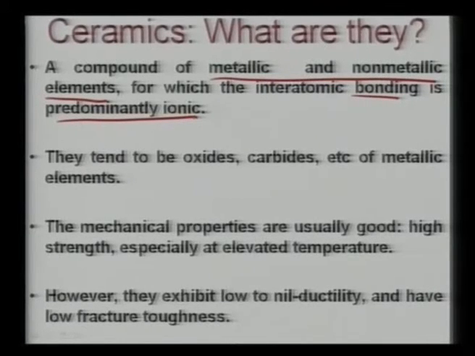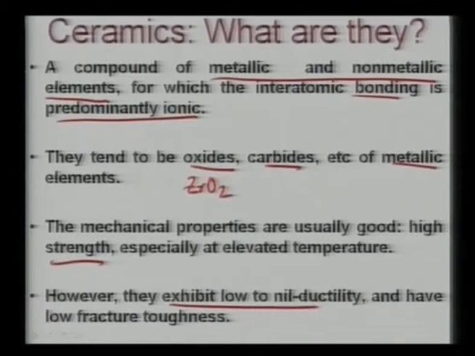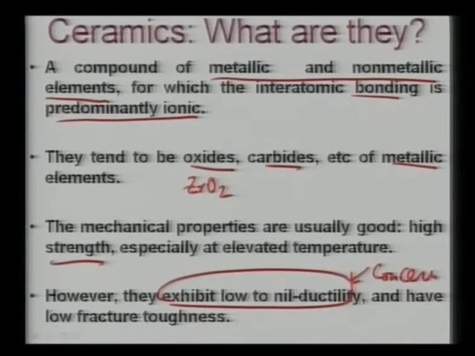They can be oxides or carbides of metallic elements, like zirconia or alumina, which are different oxides. Mechanical properties are usually good, with high strength, however they exhibit very low ductility, and this is a concern for ceramic based materials.